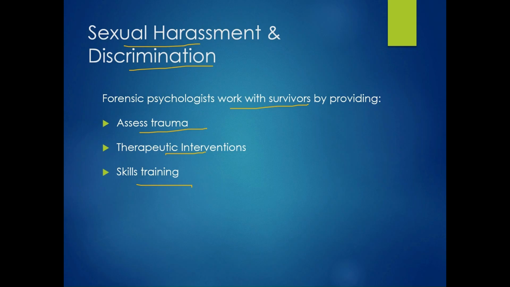In this role the psychologist would be working with the survivor of a crime. Here they assess the level of trauma, help the person with post-traumatic stress disorder or PTSD, they provide therapy, they teach coping skills, they also support rebuilding confidence, right? We'll look at each of these in detail.